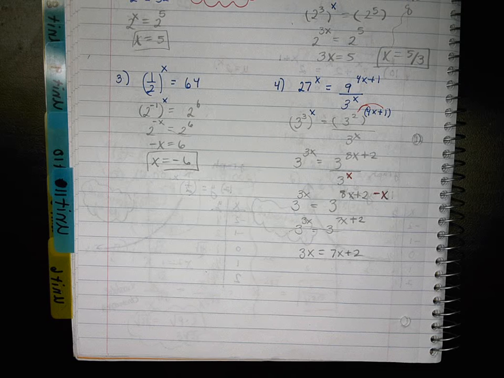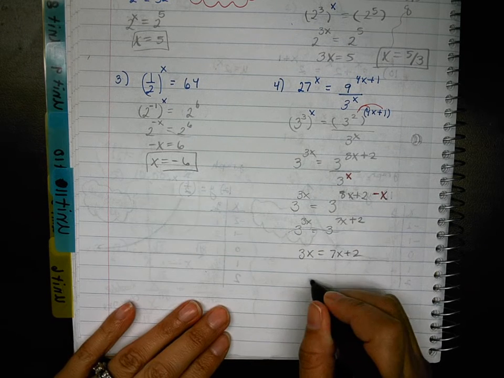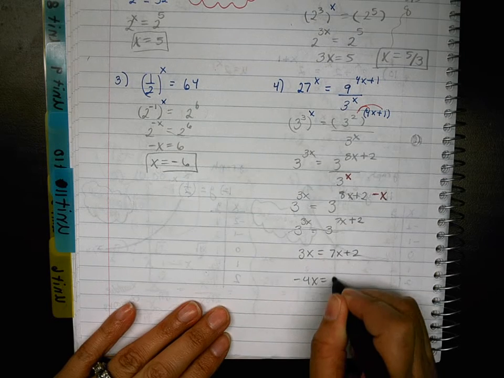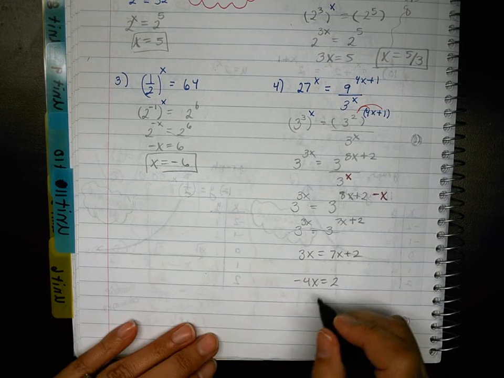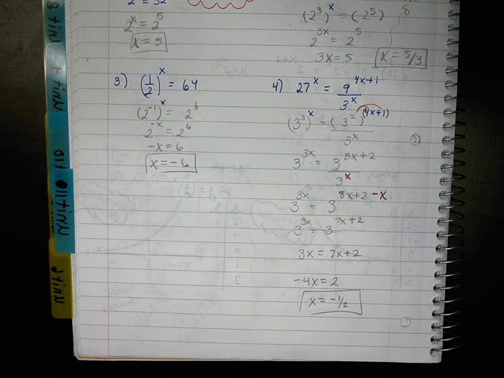Subtract the 7x, divide, you end up with a negative fraction. Go ahead and do that now. Do you get negative 4x equals 2? Is that what you guys got? And then what do you get as your final answer? Negative 1/2. Any questions?